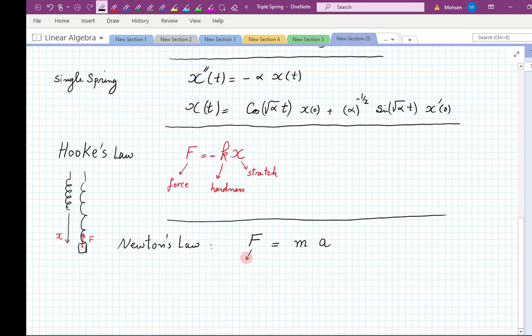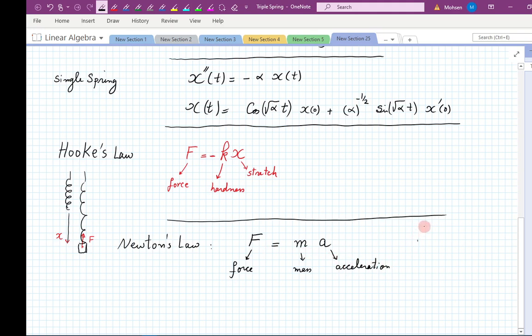So Newton's law says in general, if the total force on an object whose mass is m, constant mass, then it's going to have an acceleration shown by a, and F is equal to ma.